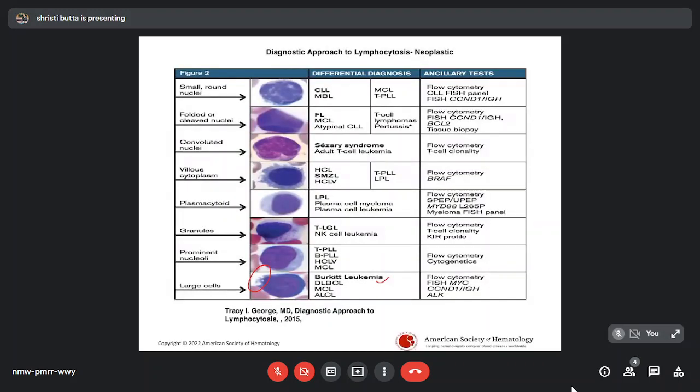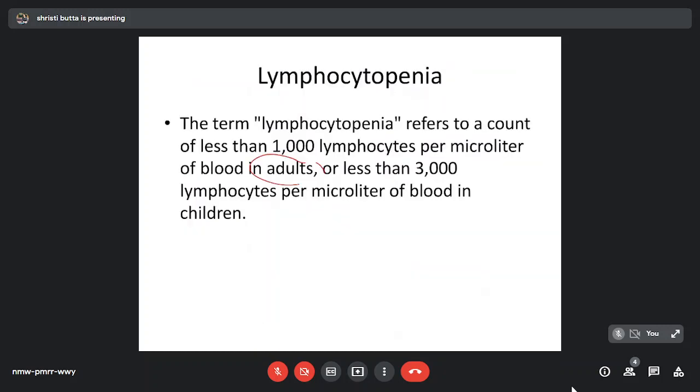Now coming to lymphocytopenia. The term lymphocytopenia refers to a count of approximately less than 1,000 lymphocytes per microliter of blood in adults. However, the threshold may be less than 3,000 in children. Infectious diseases like AIDS, viral hepatitis, tuberculosis, and typhoid fever can cause lymphocytopenia.